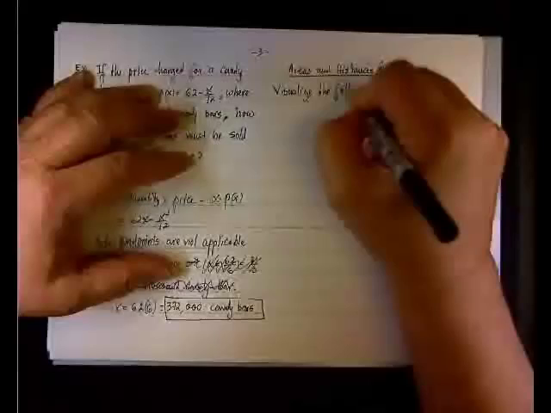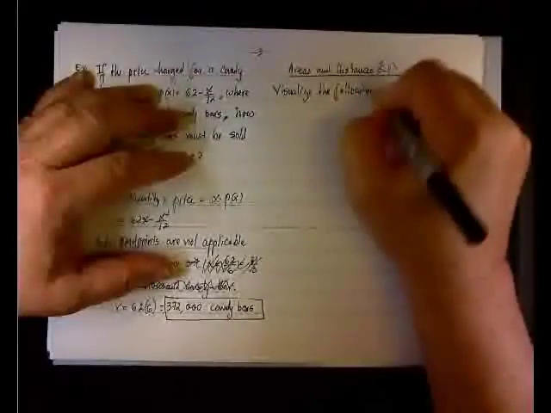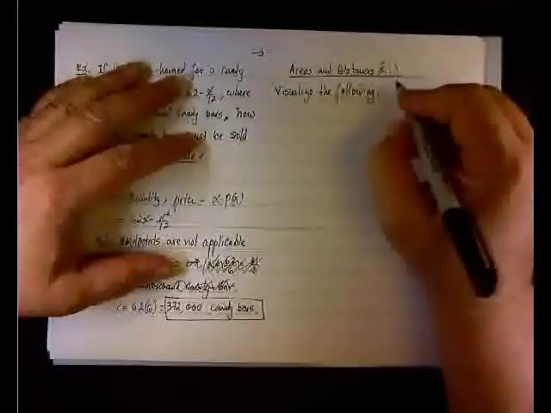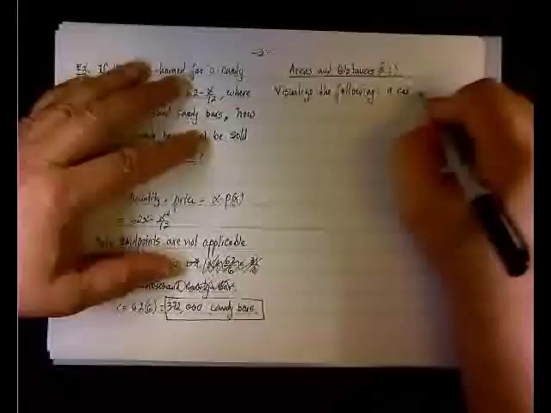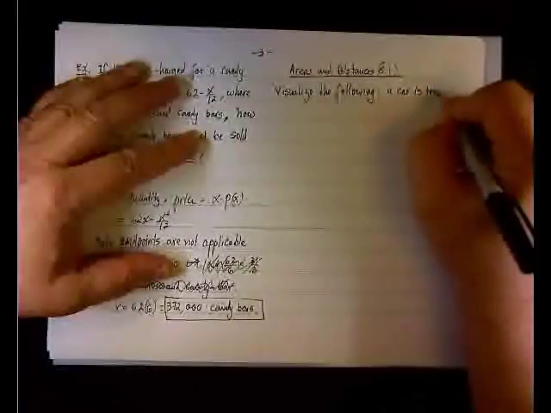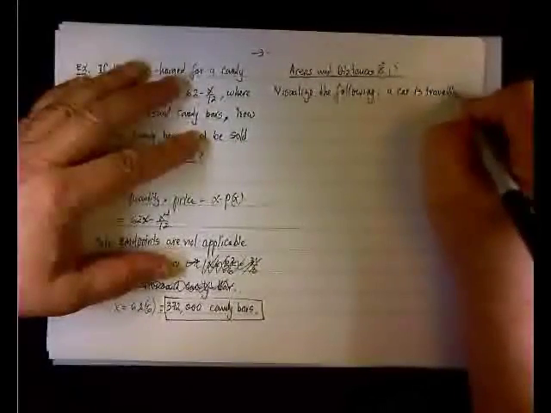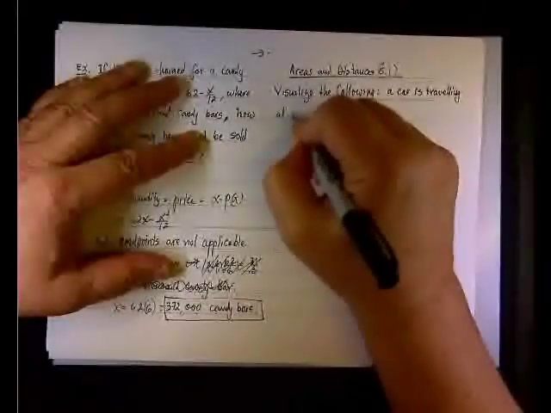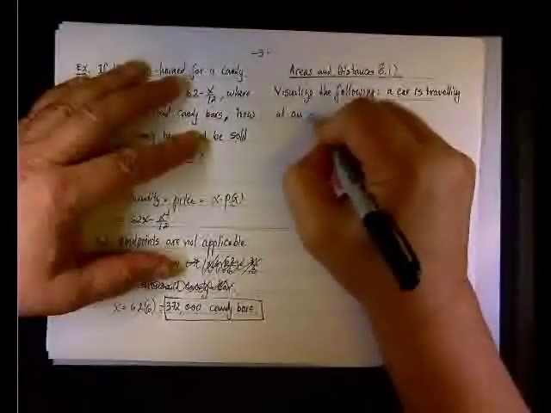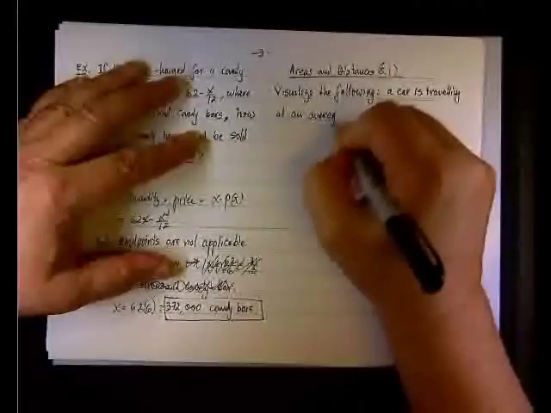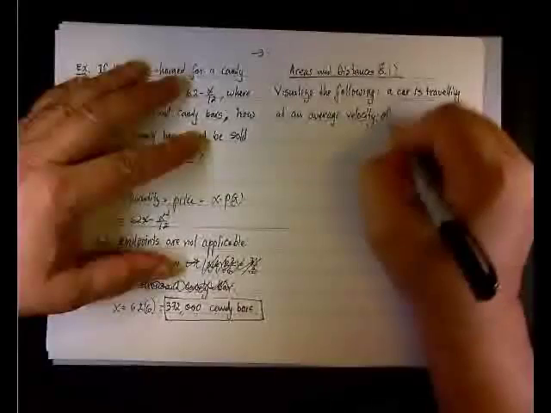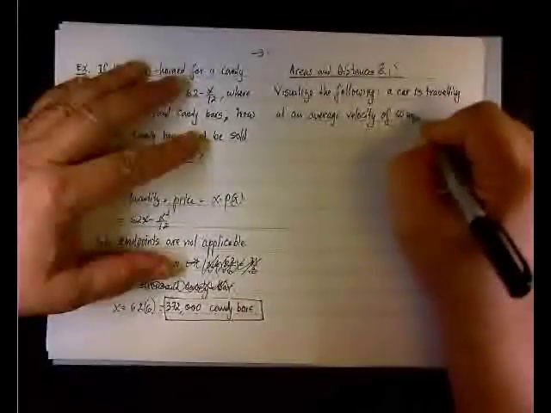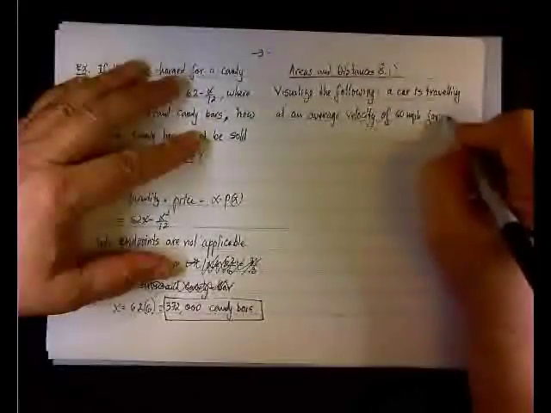Visualize the following. A car is traveling at an average velocity of 60 miles per hour for 30 minutes.